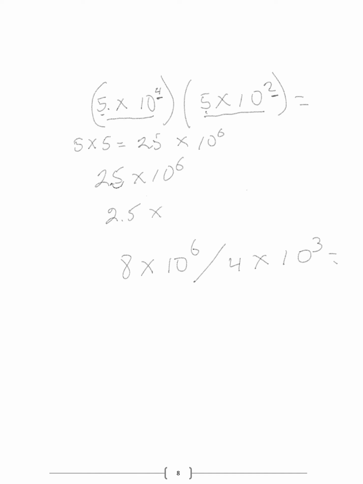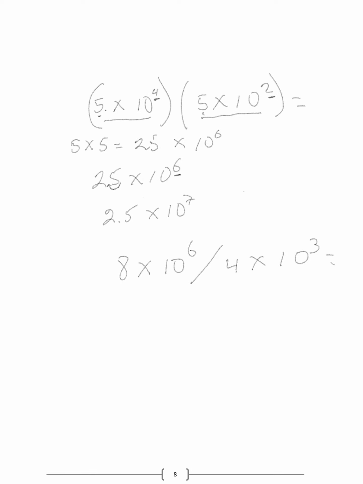We said that anytime you move the decimal place to the left, it's going to be a positive change, so I'm going to add it to this exponent. Instead of it being 6, it's going to be 7. So my final answer is going to be 2.5 times 10 to the 7th.